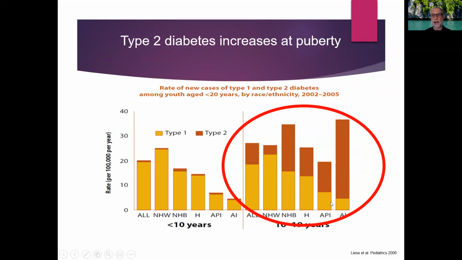Now, obviously, there's nothing magic about age 10, so clearly this is a surrogate for the onset of puberty. So there is a very tight relationship between onset of type 2 diabetes and puberty in both boys and girls.